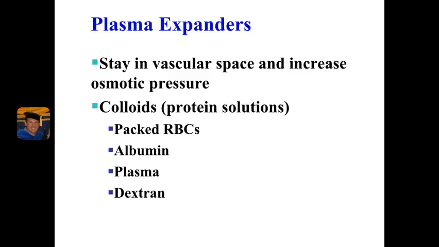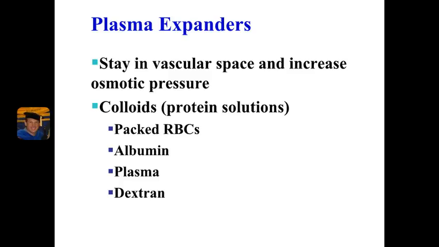Albumin, which is basically just an albumin solution. Plasma, or fresh frozen plasma, which is basically just exactly what it sounds like. It has proteins in it as well as electrolytes. And then dextran. Dextran is a starch that is going to act like albumin and increase plasma osmotic pressure.